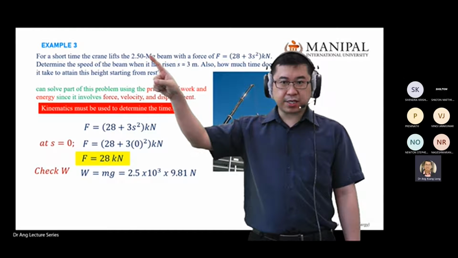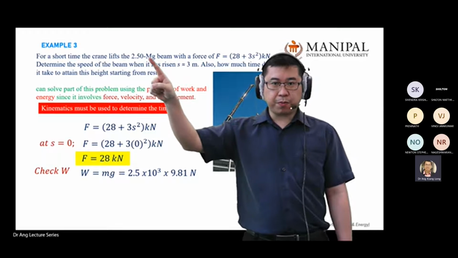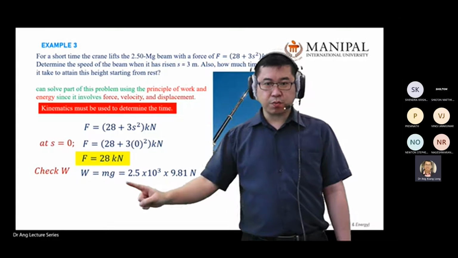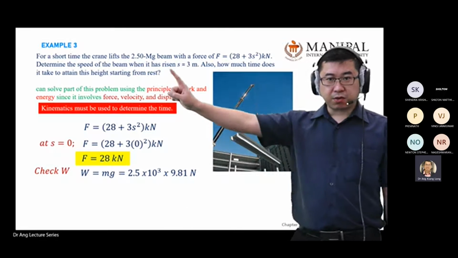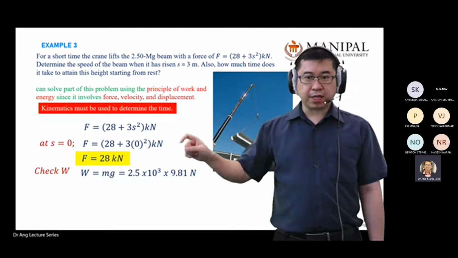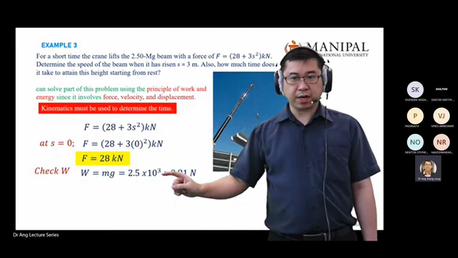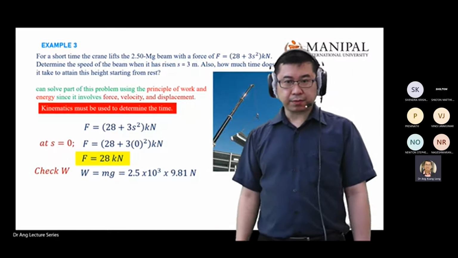The question gives you 2.5 megagram, so you need to change 2.5 megagram into kilogram. You know mega is 10 to the power 6. You change 10 to the power 6 into 10 to the power 3 in kilogram unit, times 9.81.